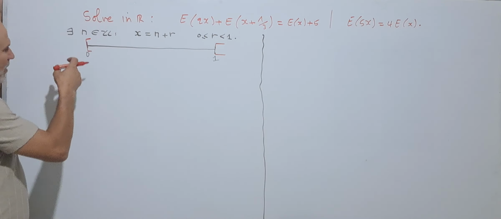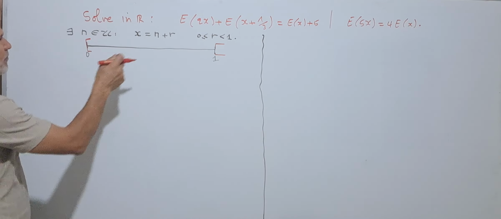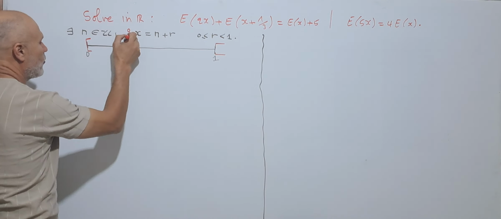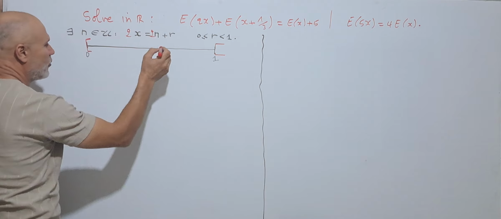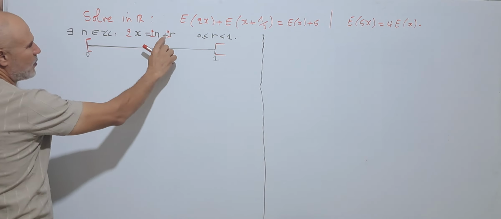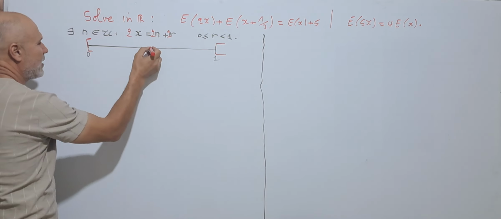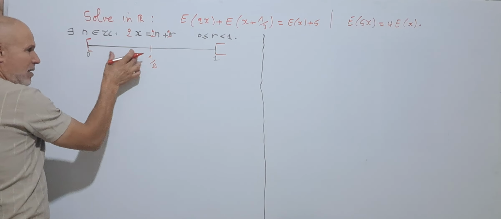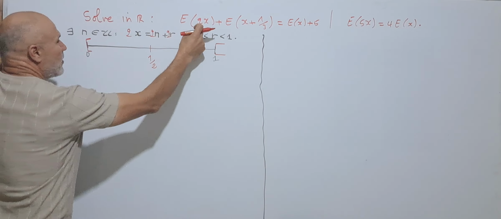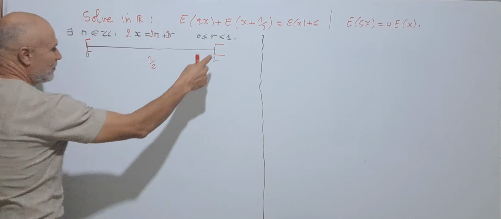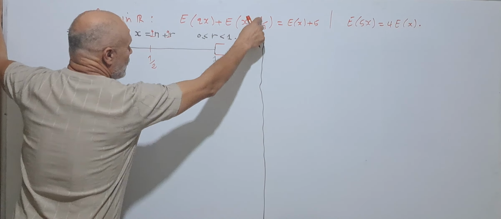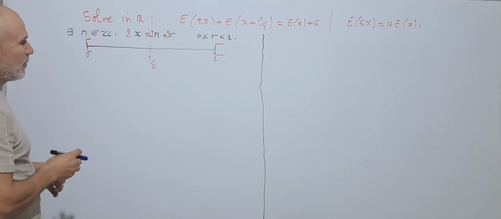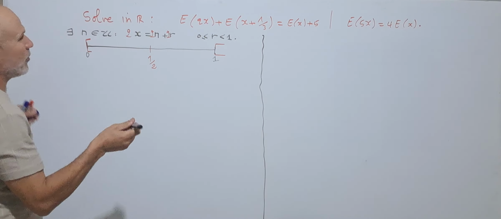I will allow myself to do this. Since we have 2x, we multiply by 2, so we divide this interval at 1/2. This partition is because we have 2x. And here we have x plus 1 over 3. The important point is 2 over 3.